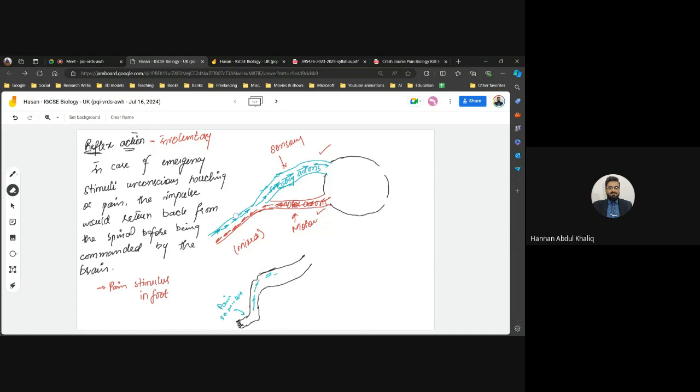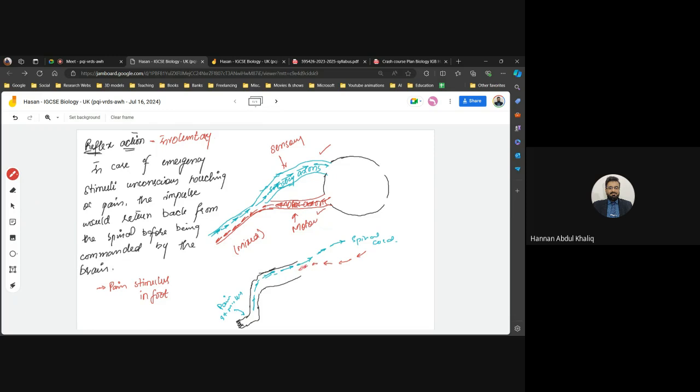This is the upper side, you can say this is just the thigh, and from your thigh, the stimulus is reaching the spinal cord. Over here, the spinal cord is present, and the axon is leading the impulse towards the spinal cord. The spinal cord immediately returns it.